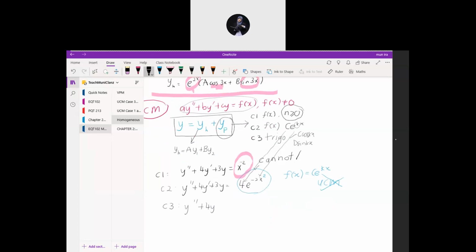If you have y double prime plus 4y prime plus 3y equals to 2 sine 3x, where your d is 2, your k is 3, still constant, and it follows the standard condition of your f(x). Therefore, we can solve this equation by using UCM.